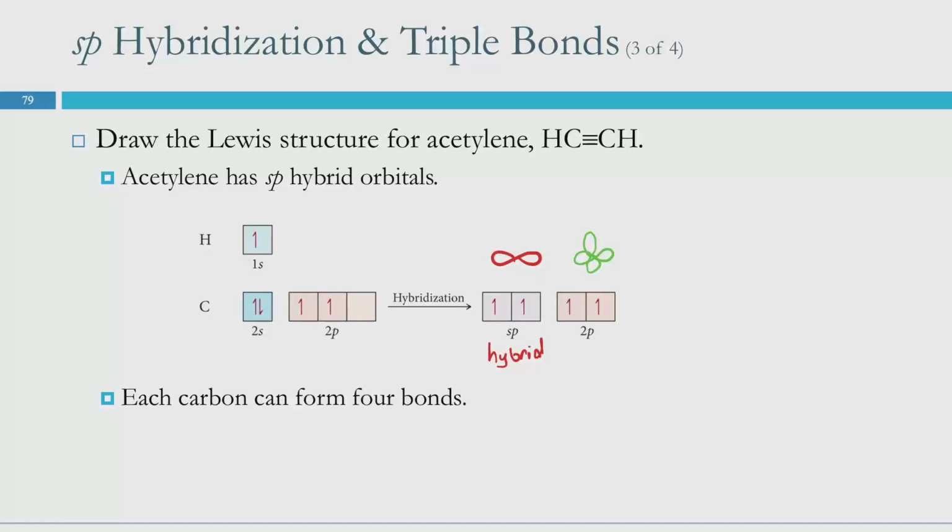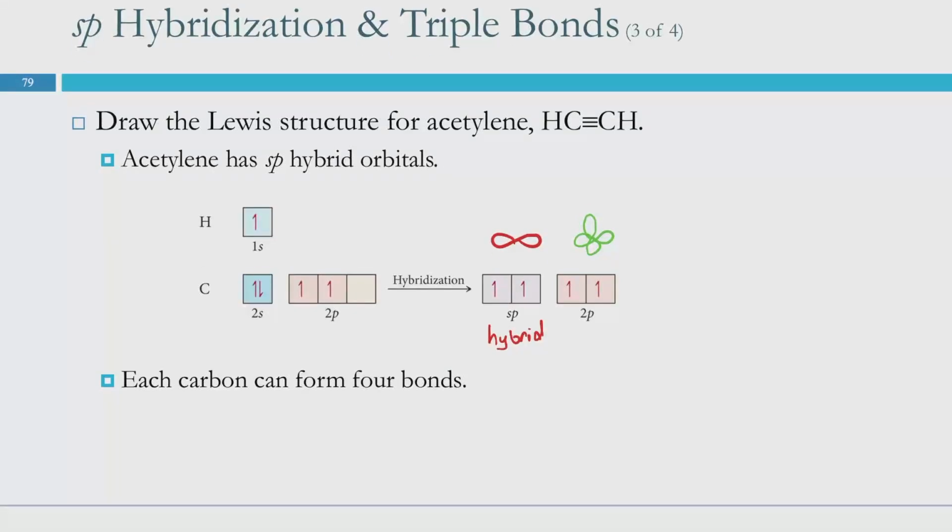Even though one of them looks like it does, I'm just bad at drawing in 3 dimensions. If we look at the number of unpaired electrons, we've got 4 unpaired or 4 half-filled orbitals. That means that we can form 4 bonds. It's half-filled orbitals that bond.